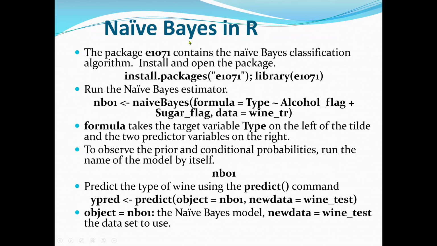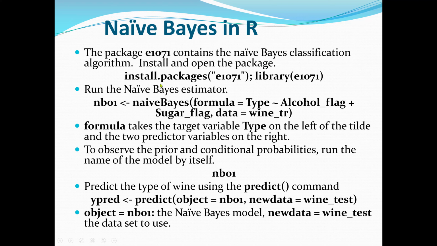So naive Bayes in R, again, the same steps as we did for decision trees. First, we need to load our data. The naive Bayes package for R is called e1071. So the package e1071 contains the naive Bayes classification algorithm.